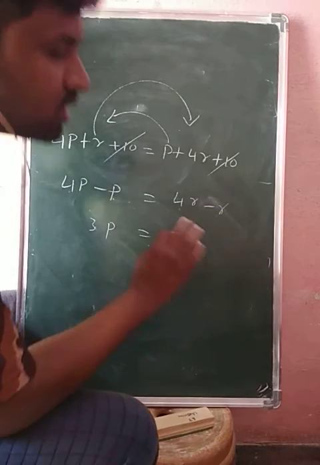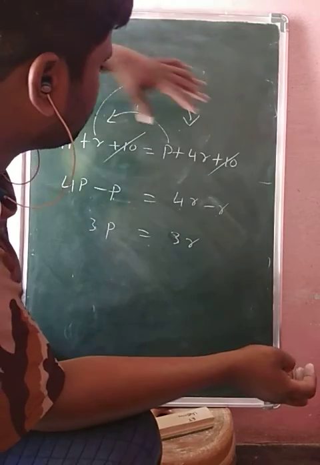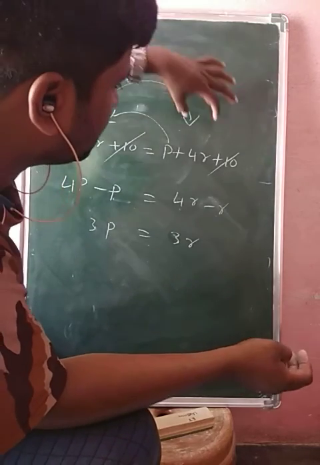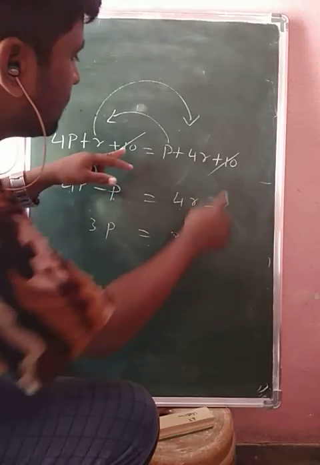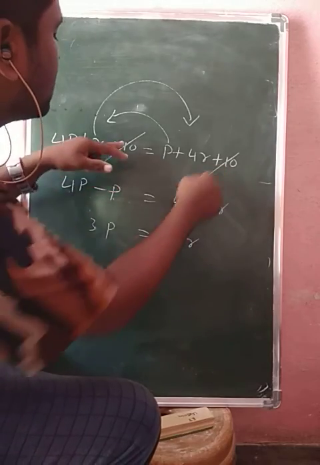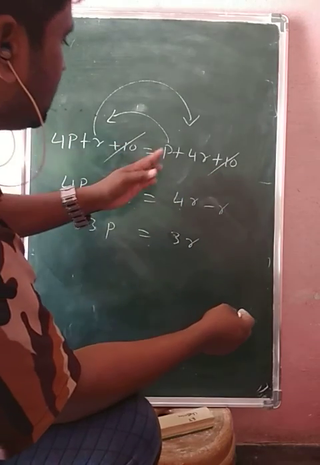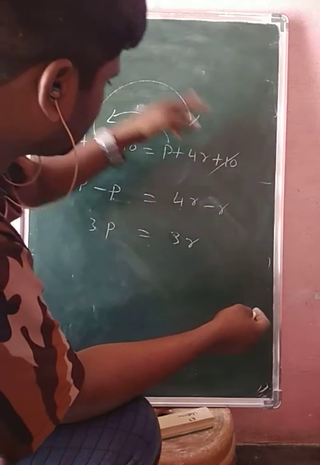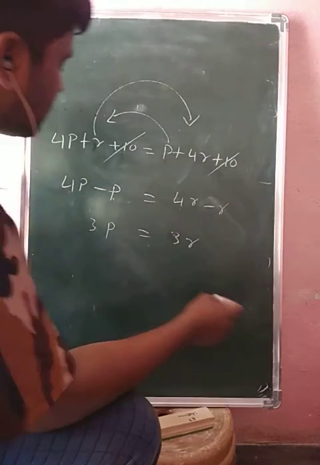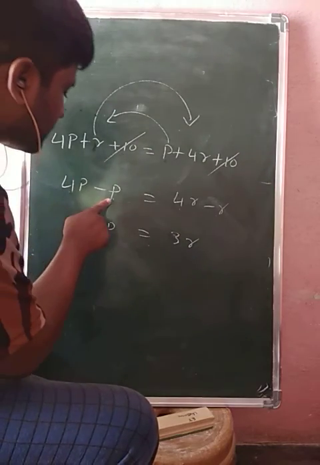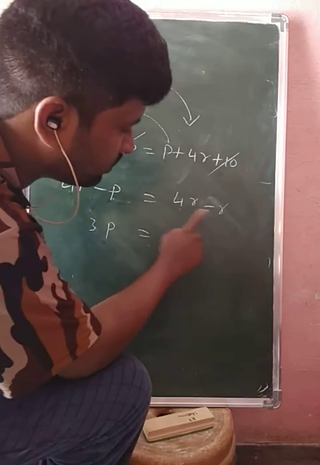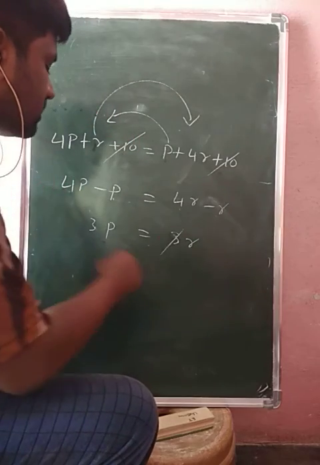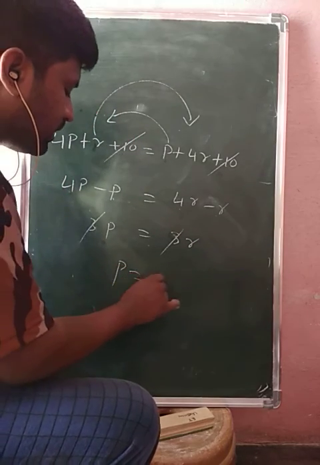Both are factors, so I just equate both sides. 3 cancels, meaning p is equal to r.